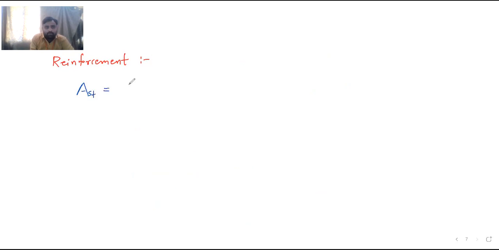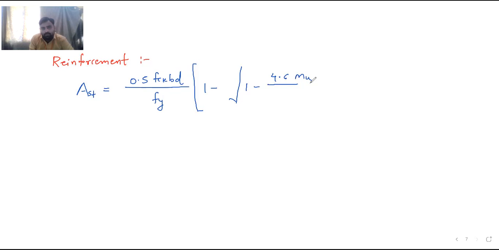Ast is equal to 0.5 fck bd whole divided by fy, in bracket 1 minus square root of 1 minus 4.6 Mu divided by fck bd square. This formula we are going to use. Just put the values in this formula. So you will get the area of steel.